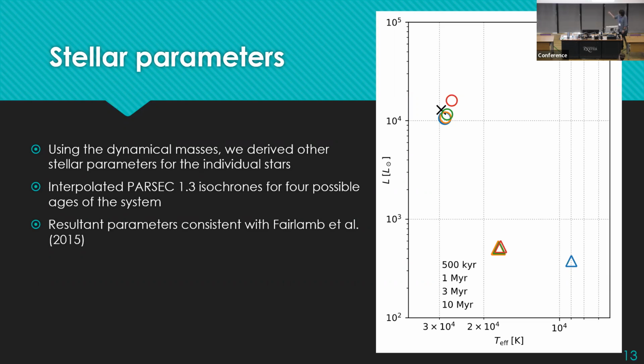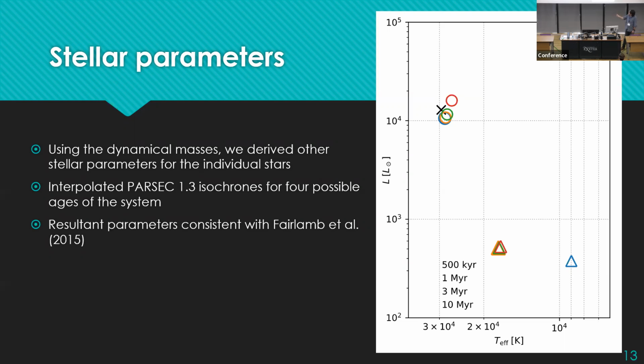The blue ones are our lowest age estimate of 500,000 years, and the red ones are our largest age estimate of 1 million years. The orange one is 3 million years, and the green one is 1 million years. They don't really change very much between themselves.